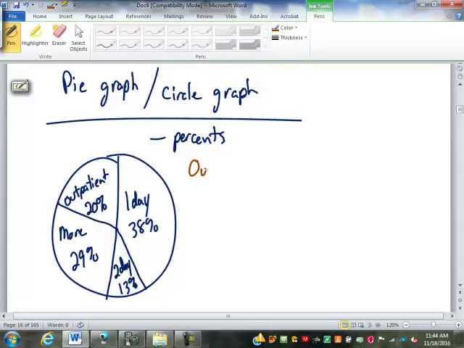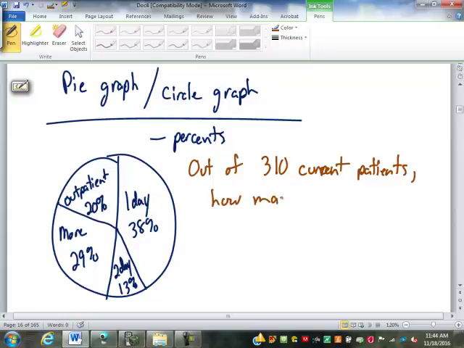So you might get asked, out of 310 current patients, how many are outpatient? If I look at the graph, outpatient makes up what percent of my total patients? 20%.